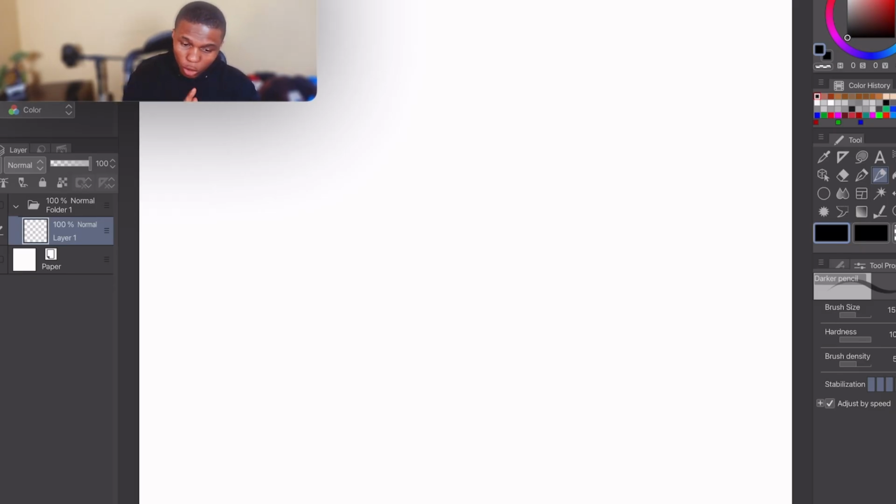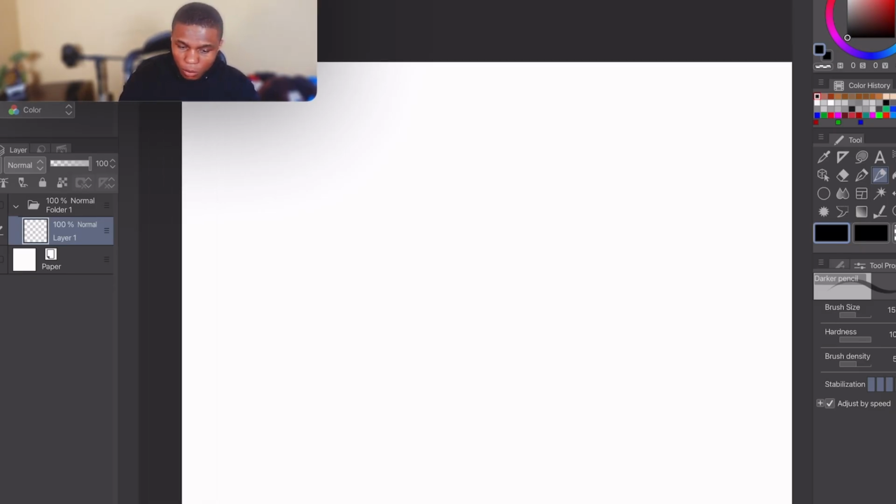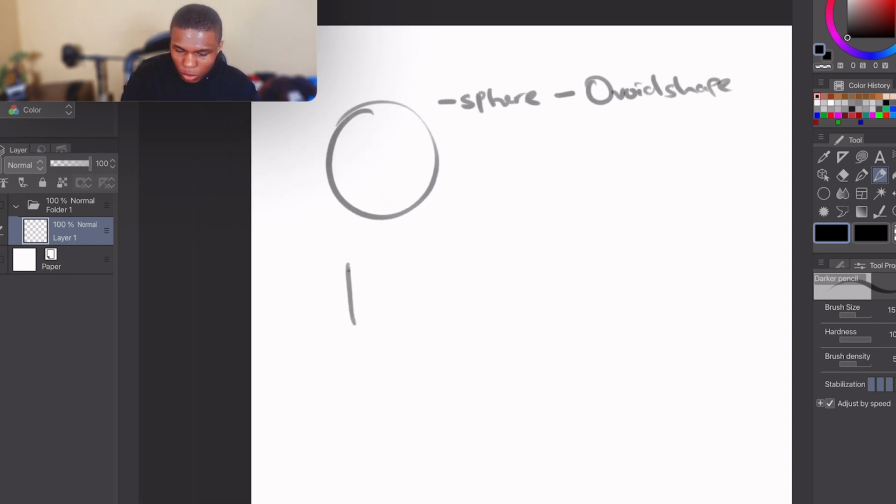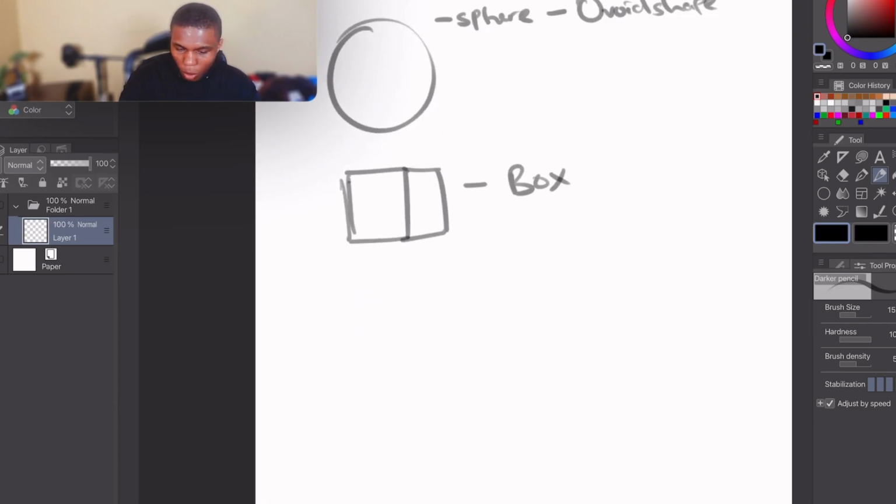When drawing the head, the basic shape we're looking at is a circle or a sphere, or an ovoid shape, and a box, or a wedge shape, something like this.